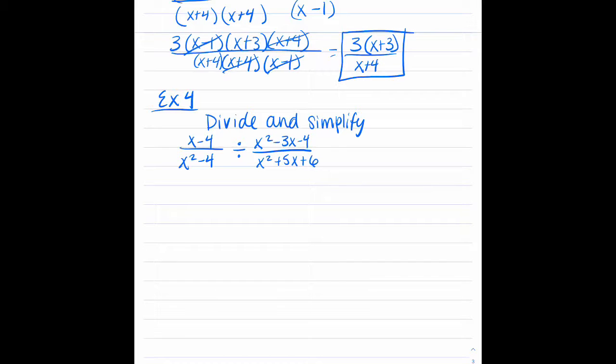All right, the first thing I'm going to do before I forget is flip the second fraction and change it to multiplication before I do anything else. So I'm going to leave the first one the same, multiply, and then flip the second fraction.